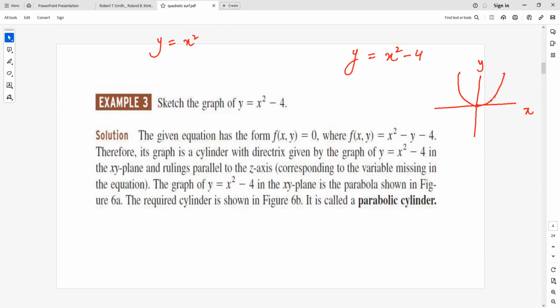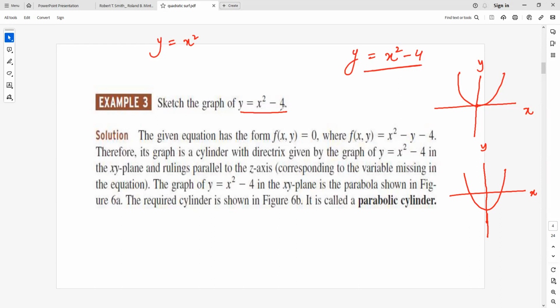It goes through the origin, and since it's x squared minus 4, it will shift 4 units down like this in the xy plane, right? So it will be shifted like this.